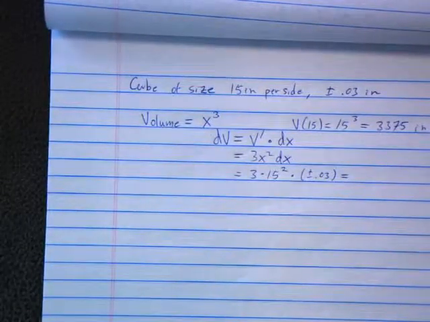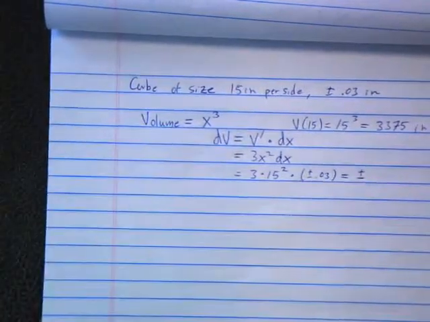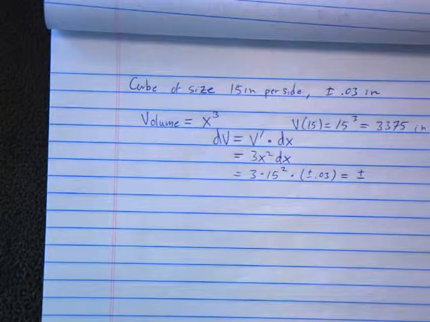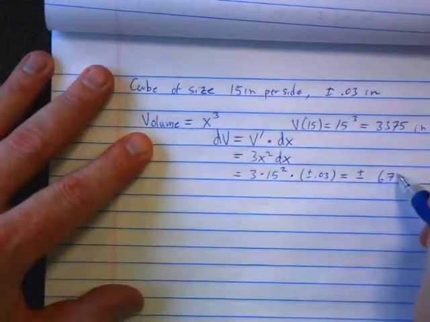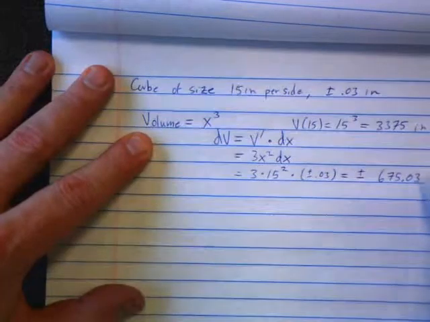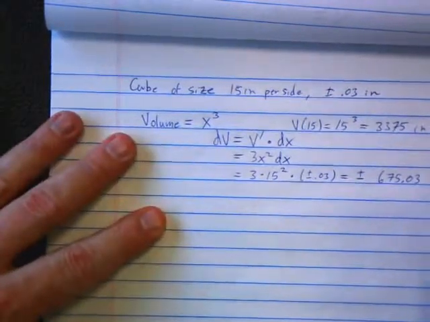All right, so take 15 squared, multiply by 3, then multiply by 0.03.